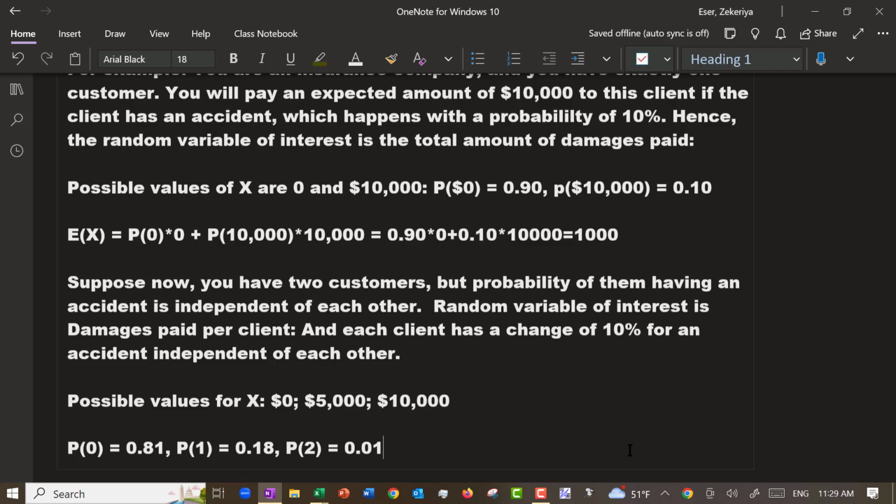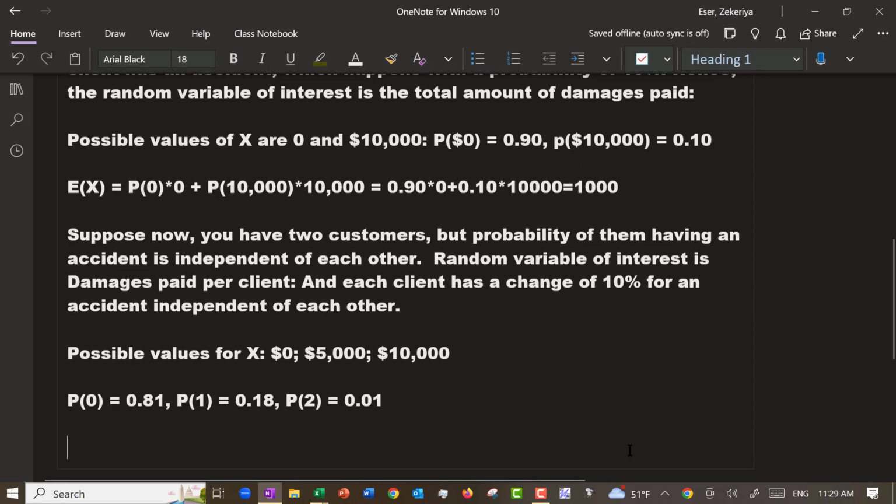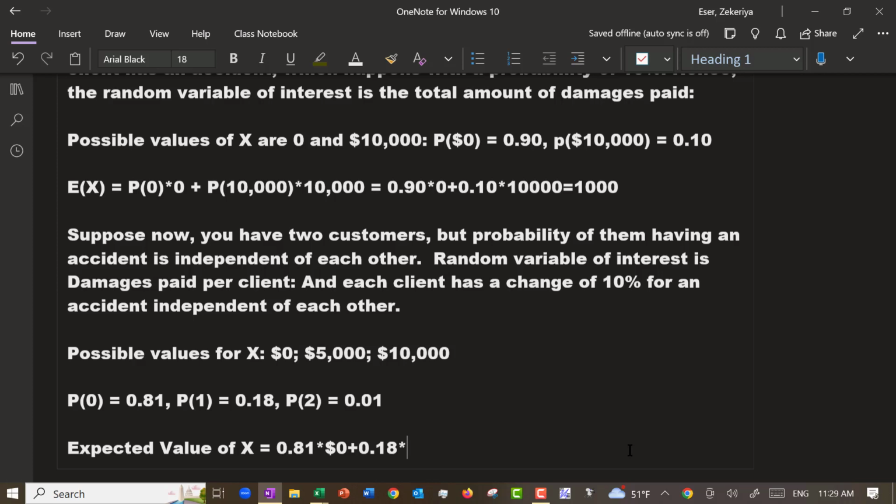We will normally get these things using Excel functions, but so expected value of X with 0.81 probability, 0, with 0.18 probability, 5,000, and with 0.01 probability, 10,000.